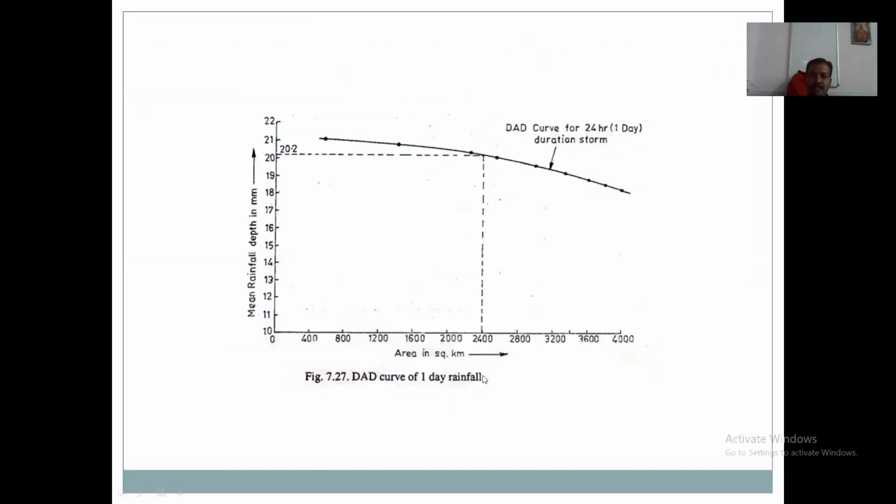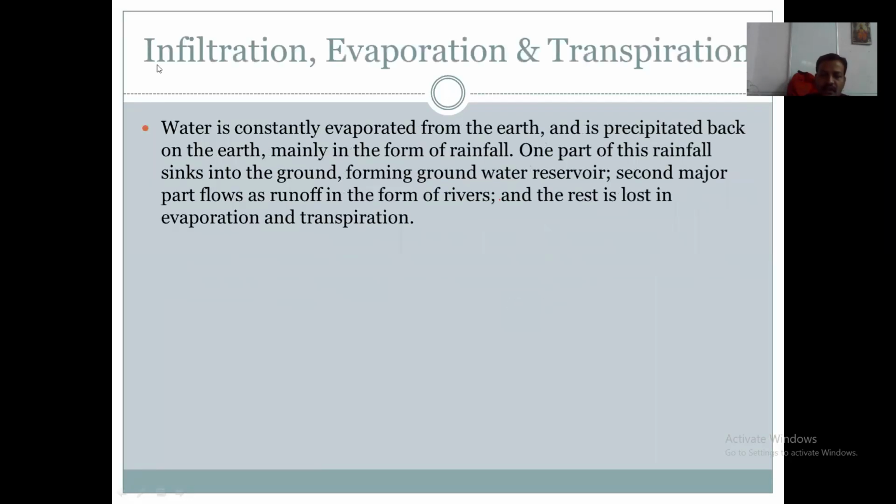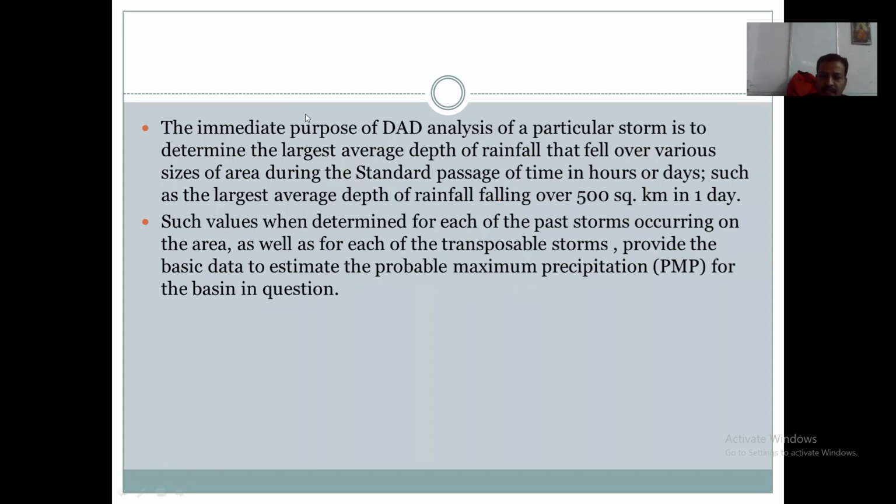We have seen different terms related to the hydrologic cycle. Now we have seen precipitation. Out of that, we have seen the term precipitation and the types of precipitation.